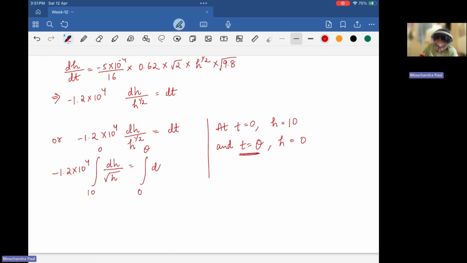This will be theta dt. So we get minus 1.22 raised to power 4.